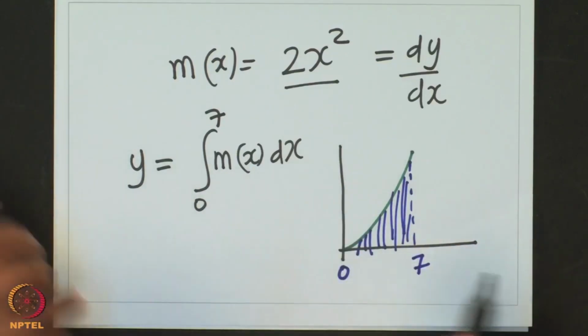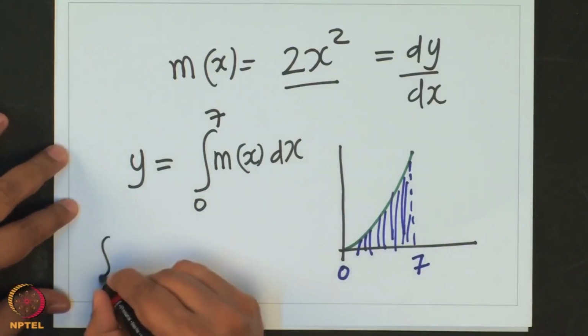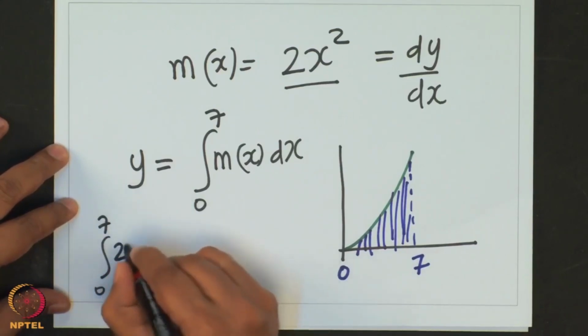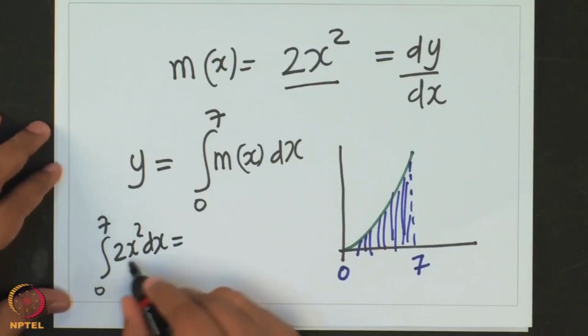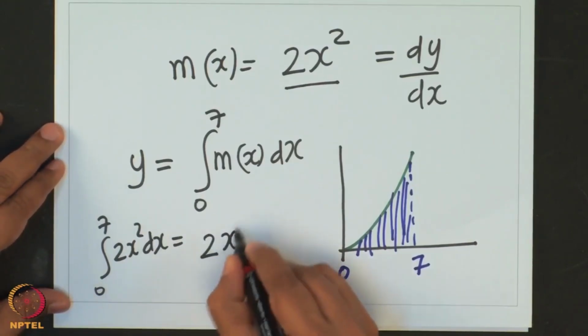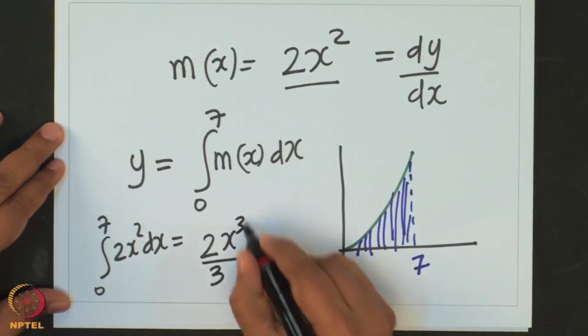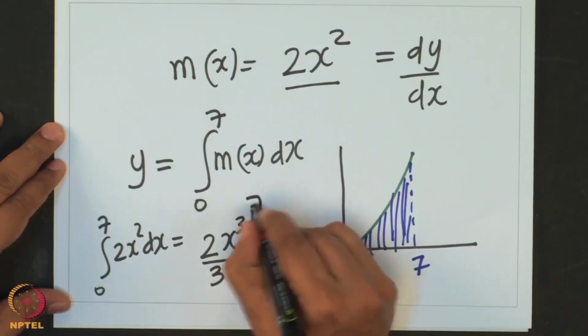would be the answer to this integral. And to do this mathematically, we saw that the integral from 0 to 7 of 2x square dx can be written as follows: first you calculate the integral of 2x square, which is 2x cubed divided by 3, and you apply the limits 0 and 7.